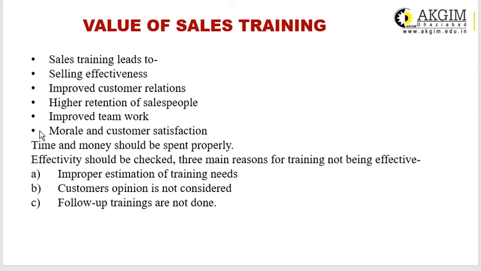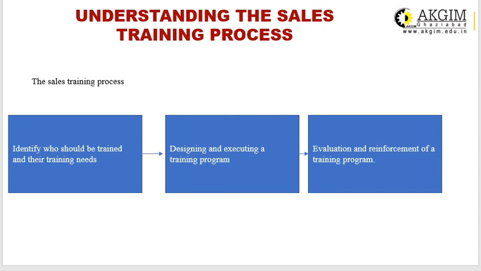Now, if we talk about the sales training process, you can see in the diagram that first of all you should identify who actually needs the training and what type of training is needed by them. Then accordingly the training methods are designed and executed.